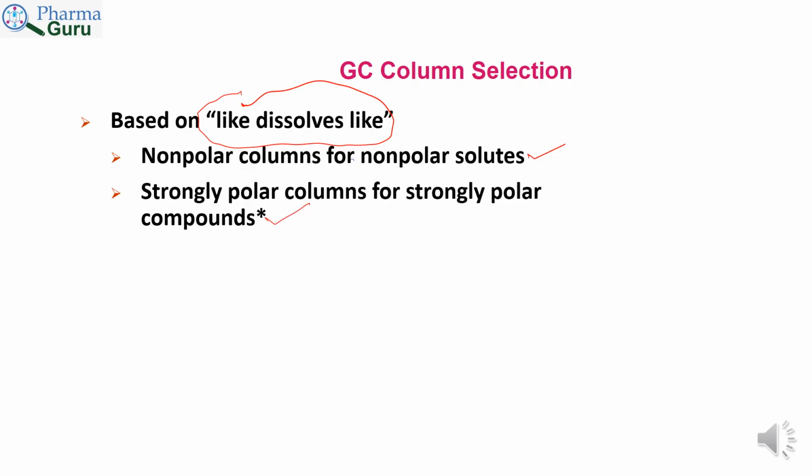Suppose you have to analyze strongly polar molecules, then you should choose strongly polar GC column. Suppose you have to analyze intermediate polar molecules or compounds containing different polarity. In that case, you should use mid-polar column. I am going to discuss in details in next slide.